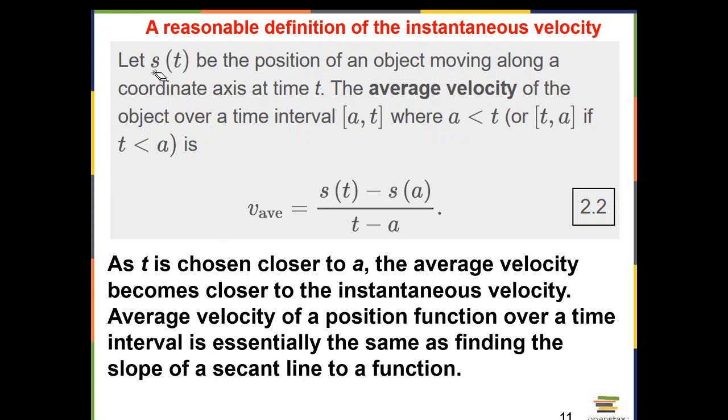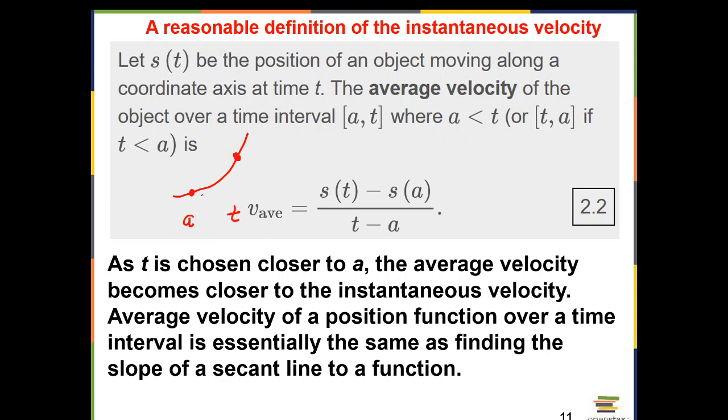Here we're going to think of the function as a position. Suppose we have a function that gives us the position of an object at any given time t, s of t. Let's say this is a, and we're going to call the second point t.